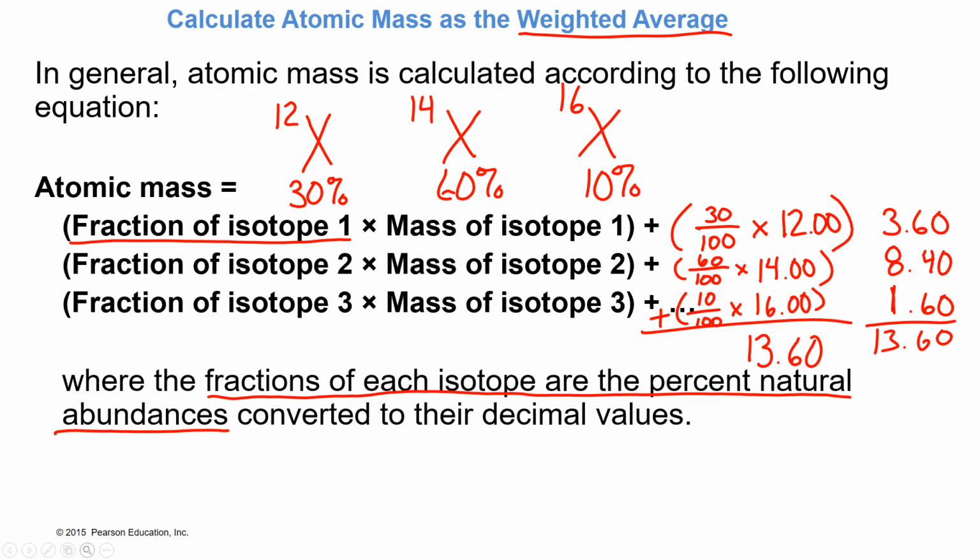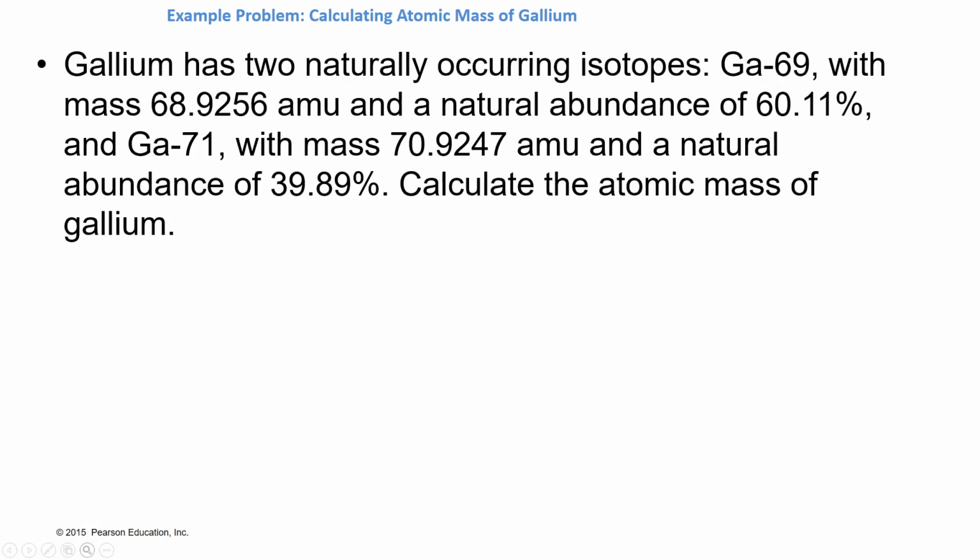So let's look at a real element in the real world. I'm going to look at chlorine, for example. Oh, I'm looking at gallium first. Apparently, I switched the order of my slides.